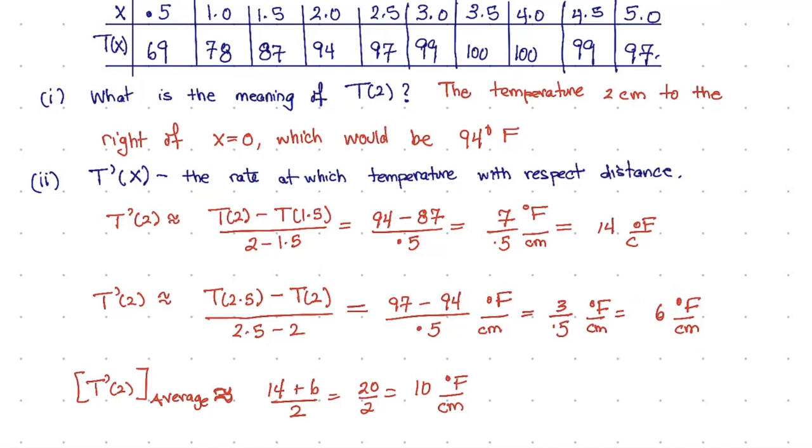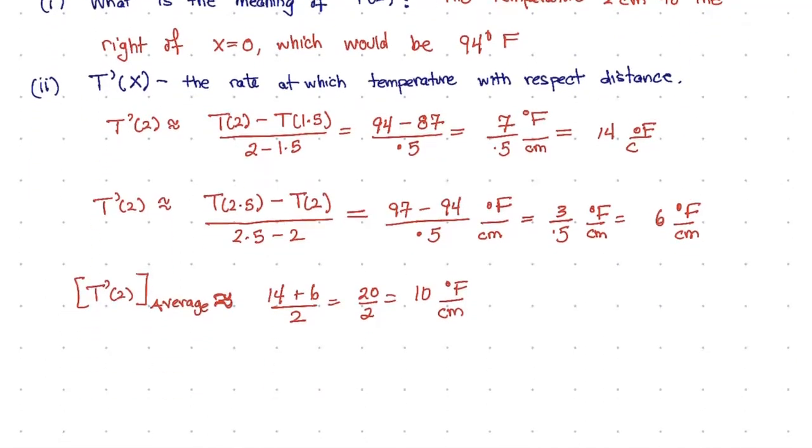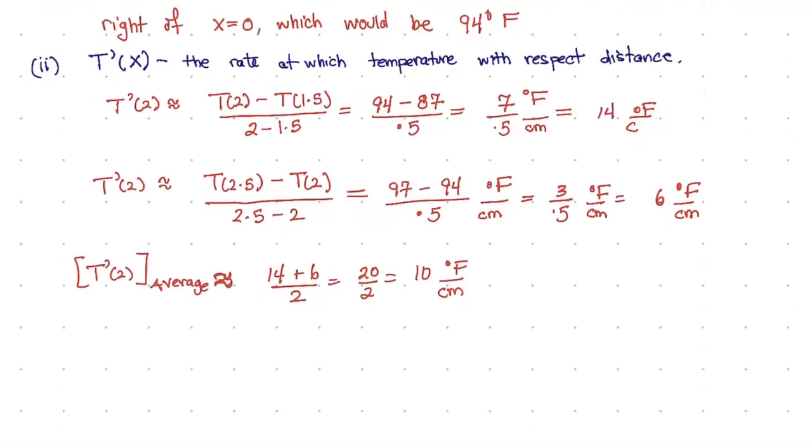If we wanted a general idea of how temperature is changing throughout the wire, this is why an average of the two is a good idea. You could continue this sort of game by looking at other values or other derivatives as well, but it's important to understand what the derivative is telling you.